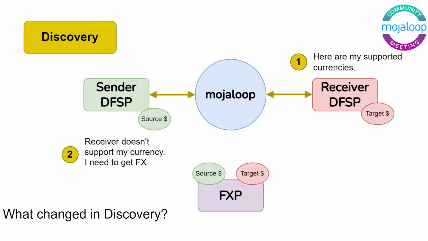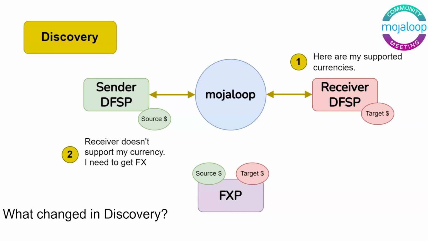So I thought it would be a good idea to start off with what's changed, because that's really what you're talking about in this work stream. So we are trying to change the current version of Moduloop to accommodate this new use case. So in the discovery phase of a transfer, this is where we identify and confirm the account information for the other participating party.